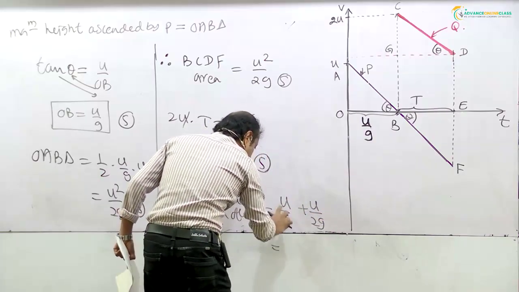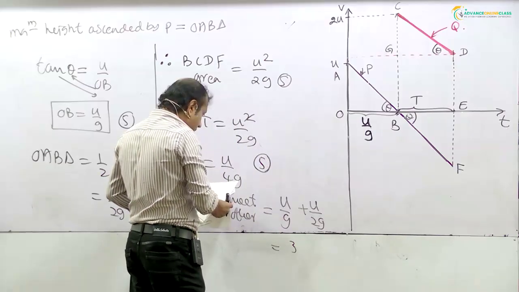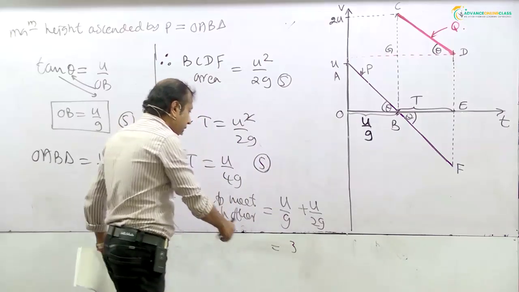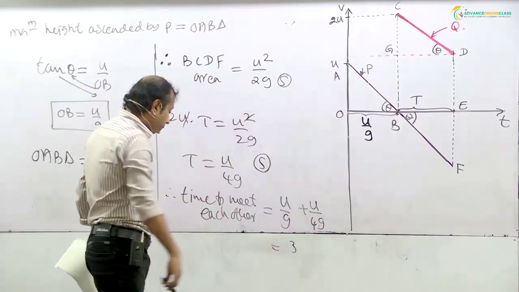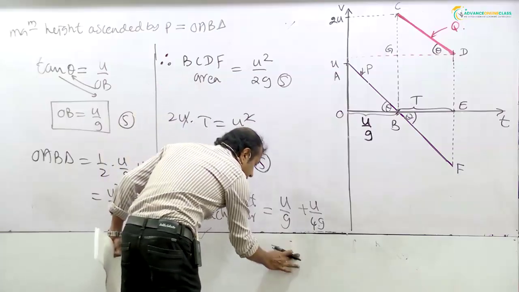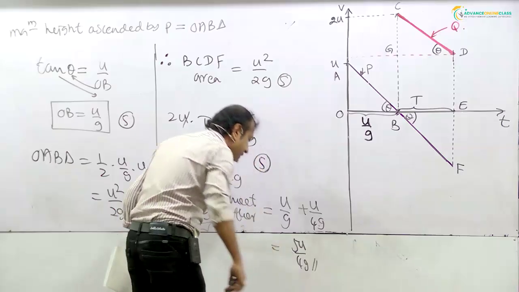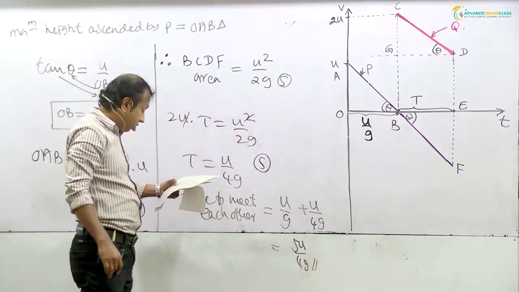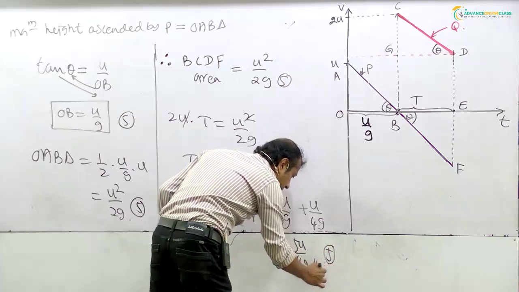What is that? 3U over 2G. Is that? 4G, no? Yes, it's 4G. Then 5U over 4G. The first answer we get. So another 5 marks come in for this.